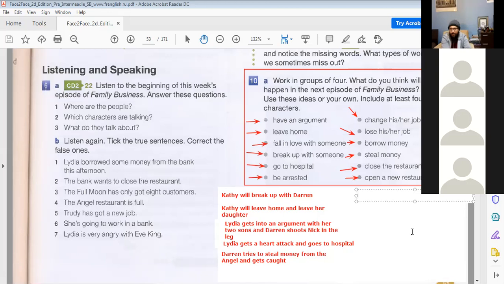So she's feeling guilty and she kills herself. Or I think she takes her daughter and runs away from this family. But while she's running away, she has an accident and hurts herself. She gets paralyzed and finds herself with Lydia and Eve King in the same hospital.